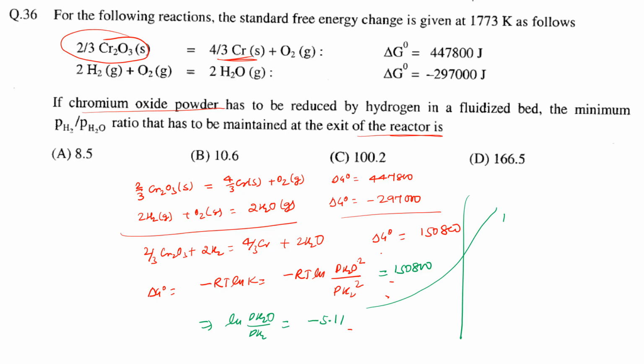This implies pH2 by pH2O will be equal to 10 to the power 5.11, which is equal to 166.51. Okay, option D.